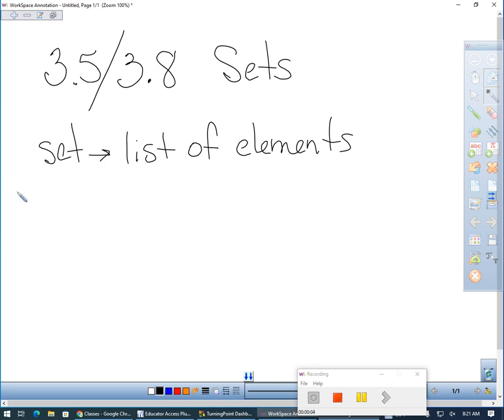The first one is the word subset. A subset is all the different combinations of a set.